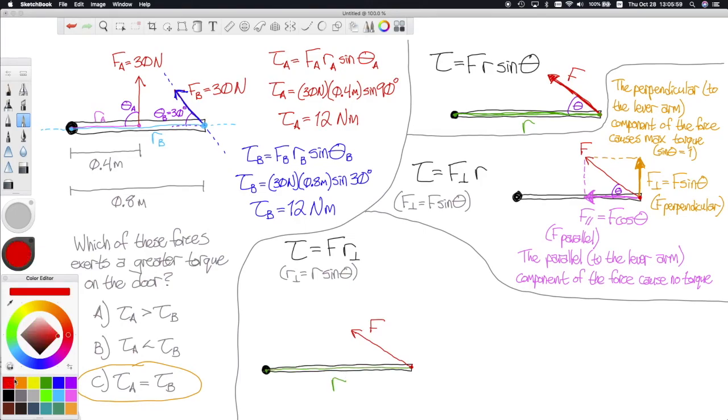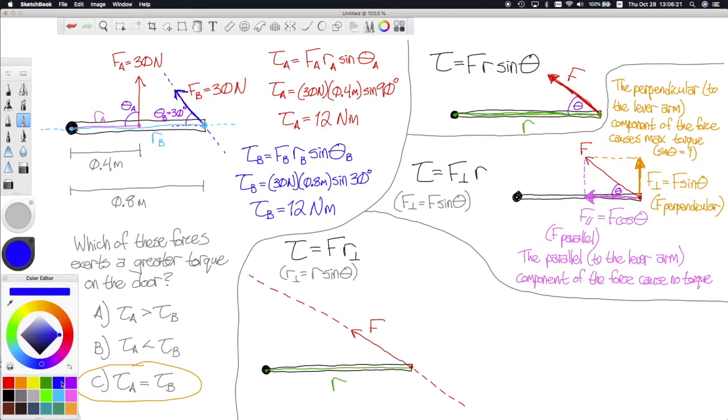So what R perpendicular is, if we go back to that same idea of extending out our force with a dotted line, I call this the line of action of the force. That line of action of the force tells us basically what axis that force is directed along.